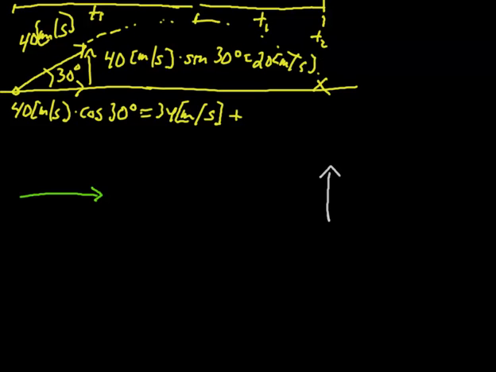So going back to our two problems, we have a horizontal problem with a ball being thrown just horizontally at 34 meters per second for some amount of time. And we have a vertical problem of a ball being thrown into the air at 20 meters per second.